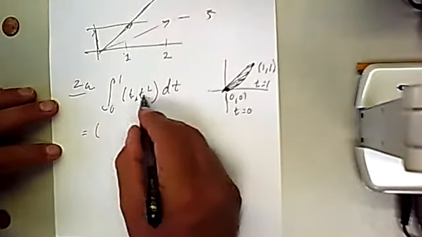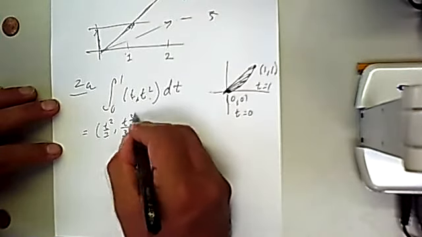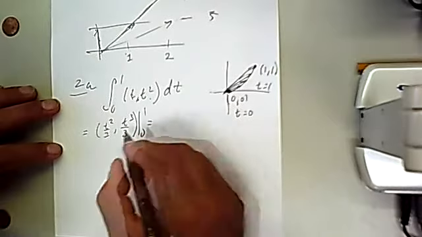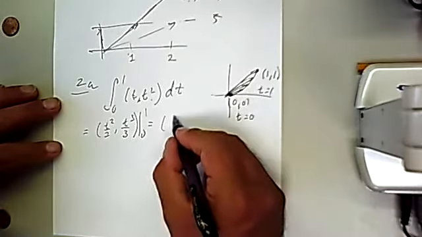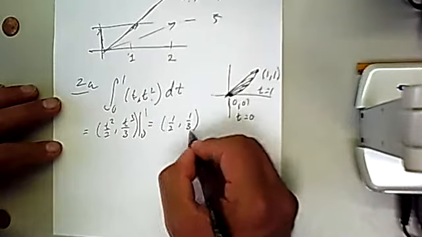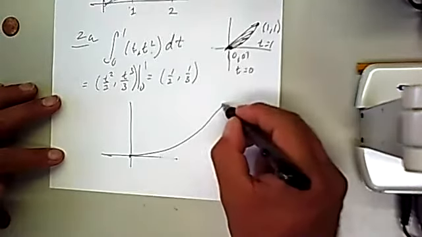So the antiderivative of each one of those components is going to be t squared over 2, t cubed over 3, from 0 to 1. Plug in 1, we get a half and a third. Plug in 0, you get 0 and 0. So we end up with a half, a third. So let me draw a bigger picture of this situation. There it is.